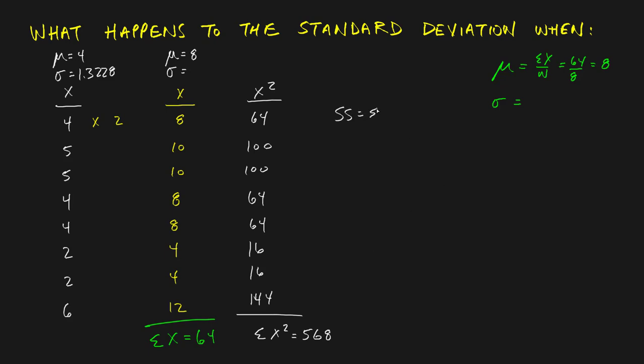Okay, so that's going to help me get my sum of squares. My sum of squares is the sum of x squared minus the sum of x in brackets squared over n. And I've got 568 minus, in brackets, the sum of x, so that's 64 squared over 8. And so what does this give me?